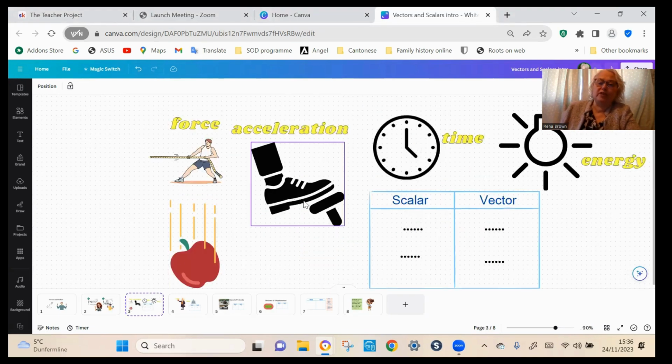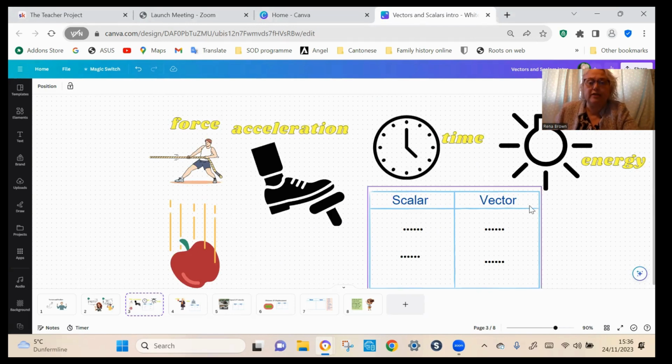Now, we've just learned that scalars only have a magnitude, that vectors have a magnitude and a direction. So let's have a look at these examples. We've got forces, we've got a pulling force here, and we've got weight, which is a force due to gravity. Now, does a force have a specific direction? Is he pulling the rope in a specific direction?